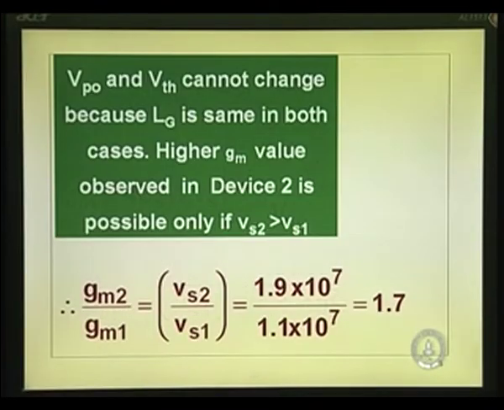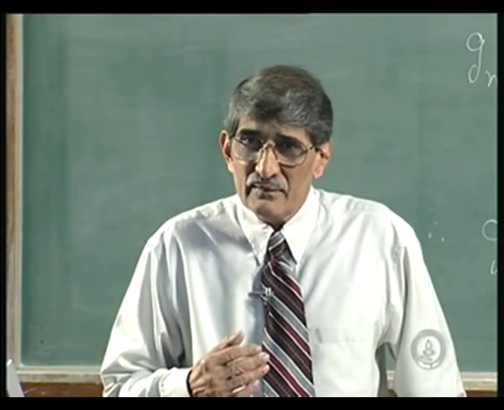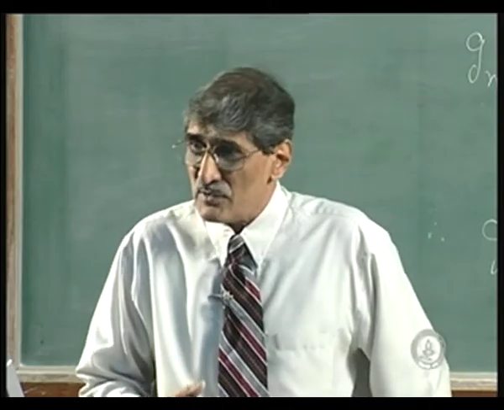So, this is what we have summed up. Since the threshold voltage cannot change, because Lg is the same in both cases, the only change you can see is in the velocities, and that ratio is 1.7. Now, the next job is: can this velocity be different, and what could be the reason? We will go back a little bit into physics and see what models people have proposed for that.